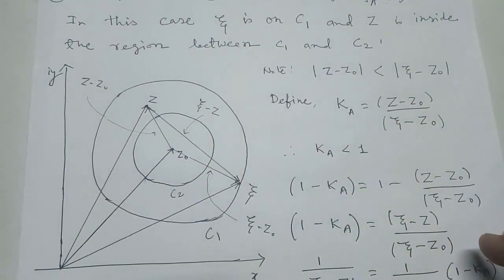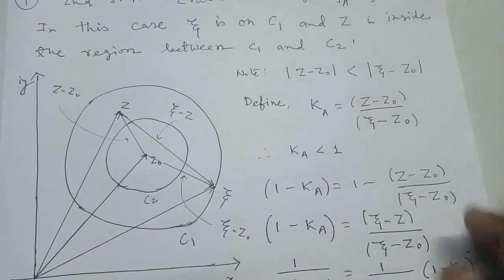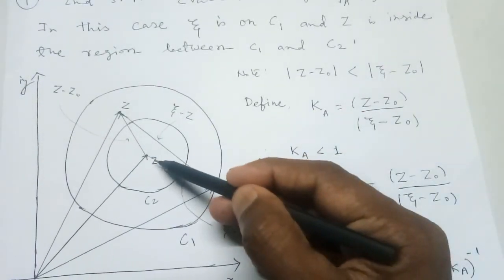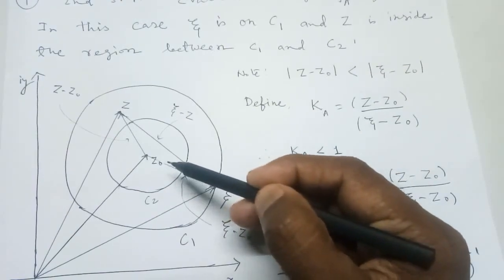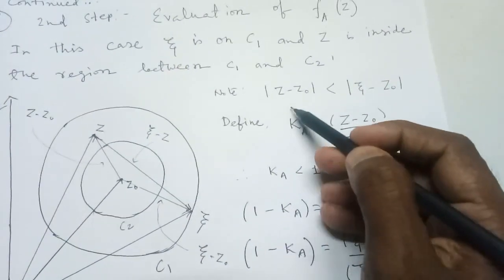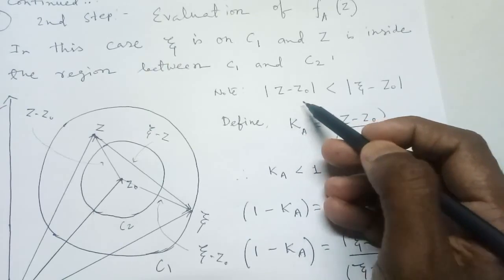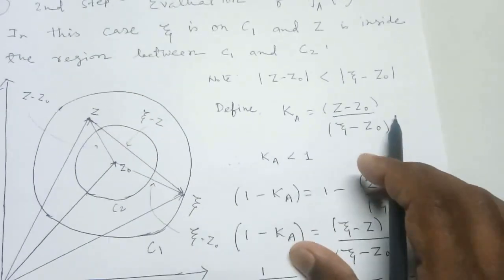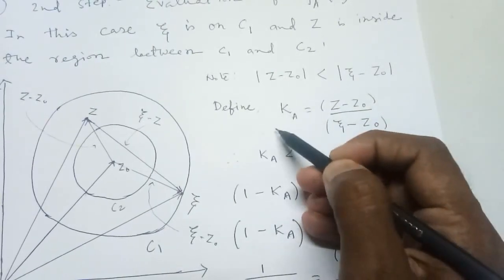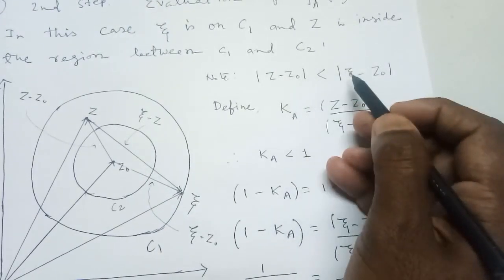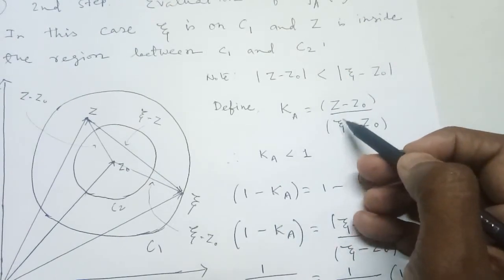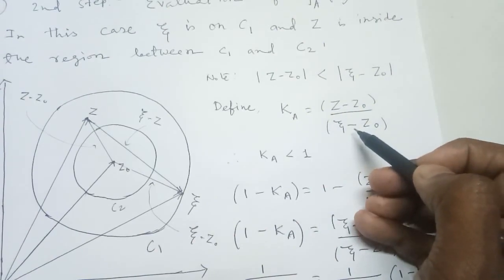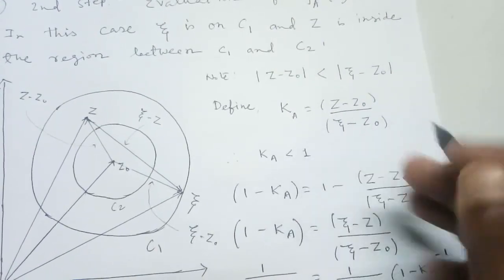So as you can see from this picture, this length is obviously less than this length. This is expressed here as mod z minus z0 is less than mod xi minus z0. Now we define a quantity which is the ratio of these two lengths, and obviously this term is less than this term, so Ka should be less than 1.